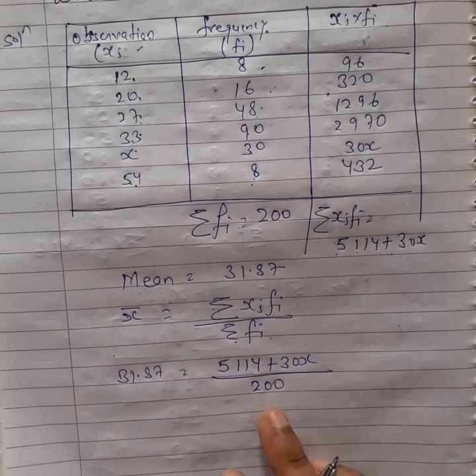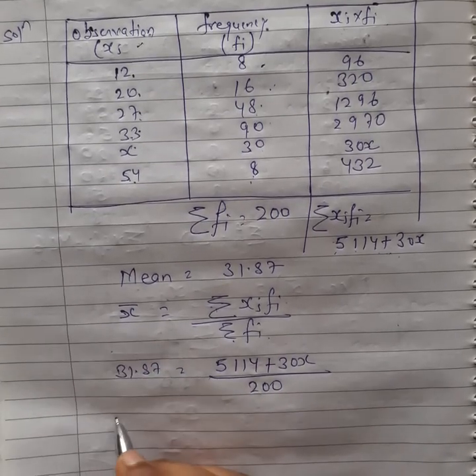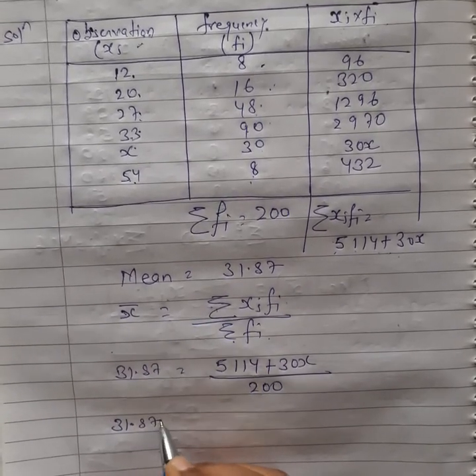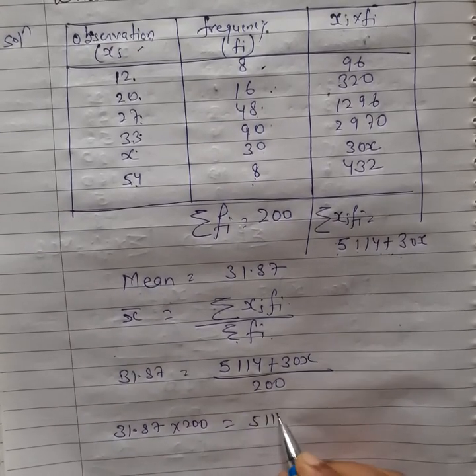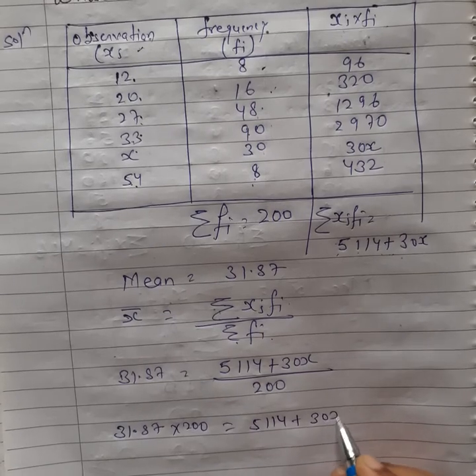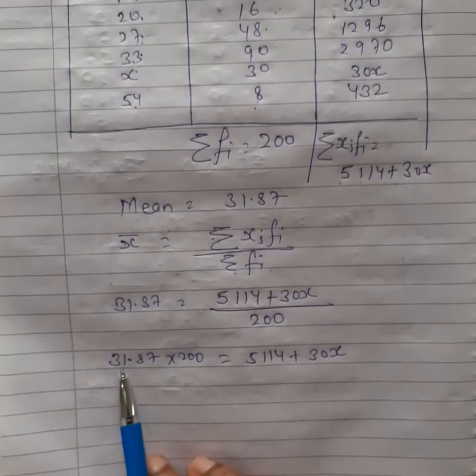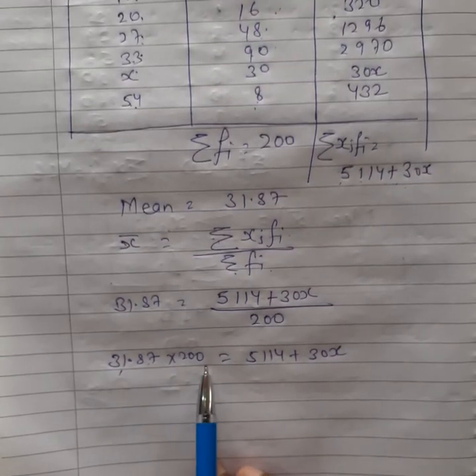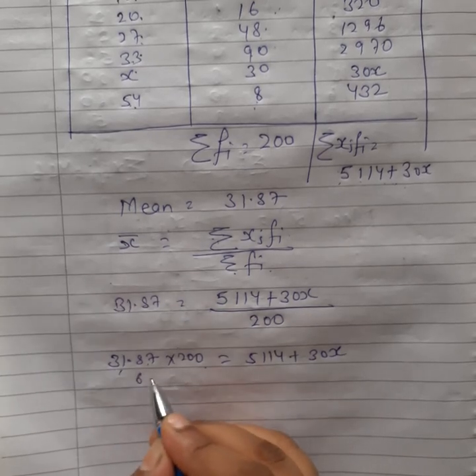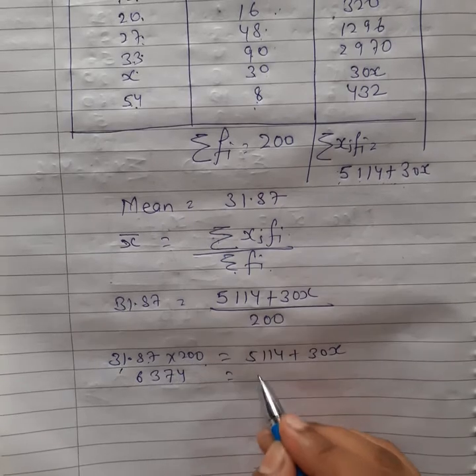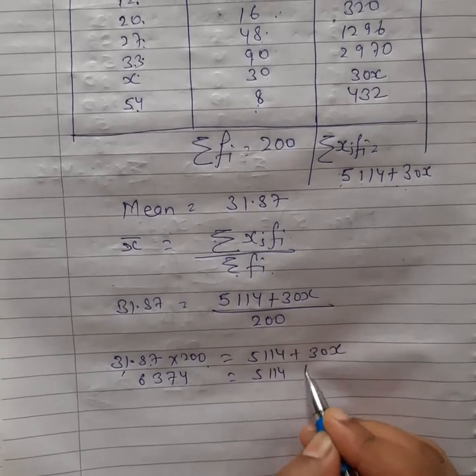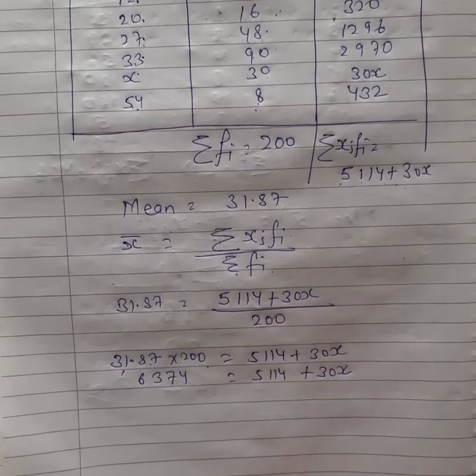Now we cross multiply first, then it becomes 31.87 into 200 is equal to 5114 plus 30x. By multiplying 31.87 into 200, we get 6374 is equal to 5114 plus 30x.